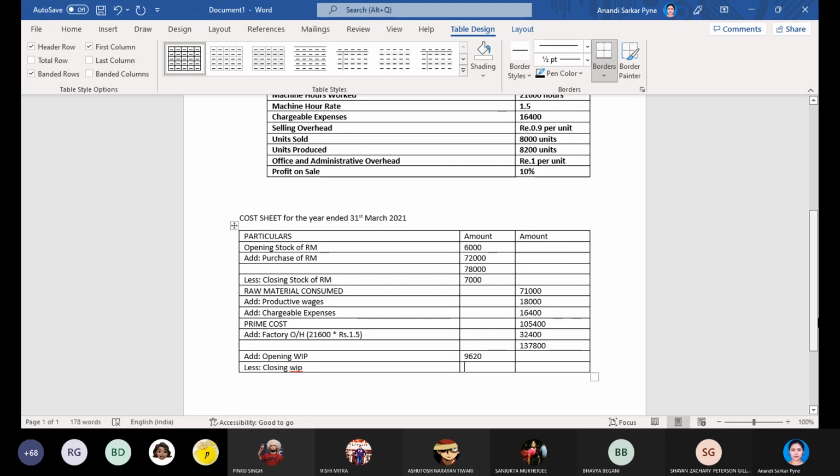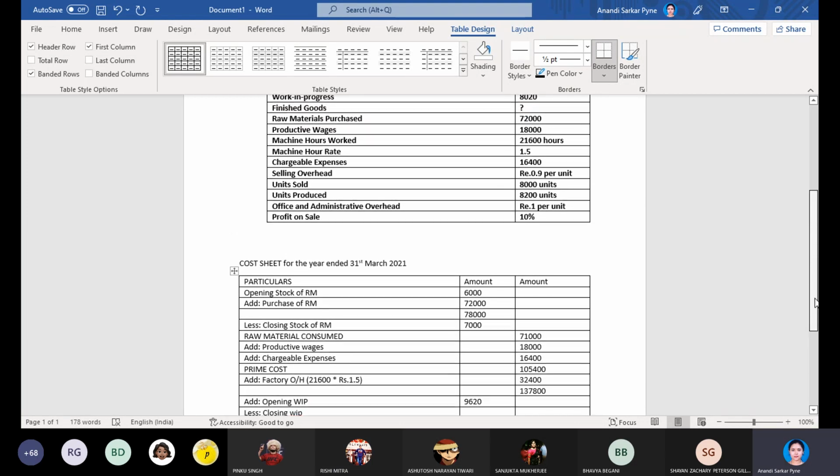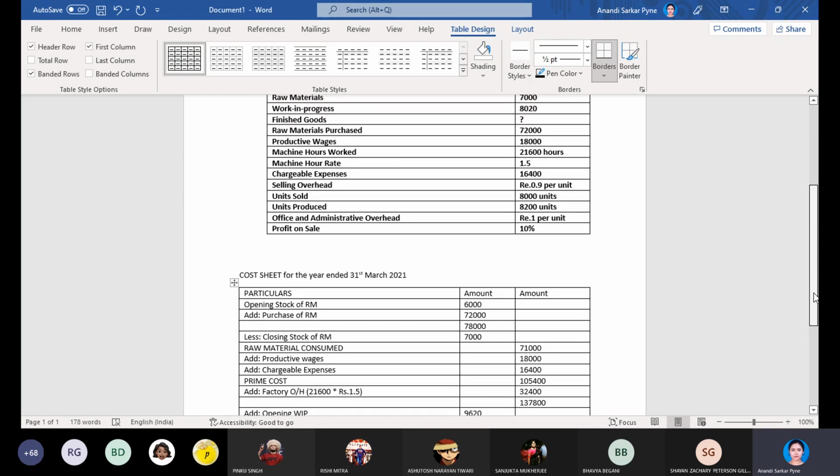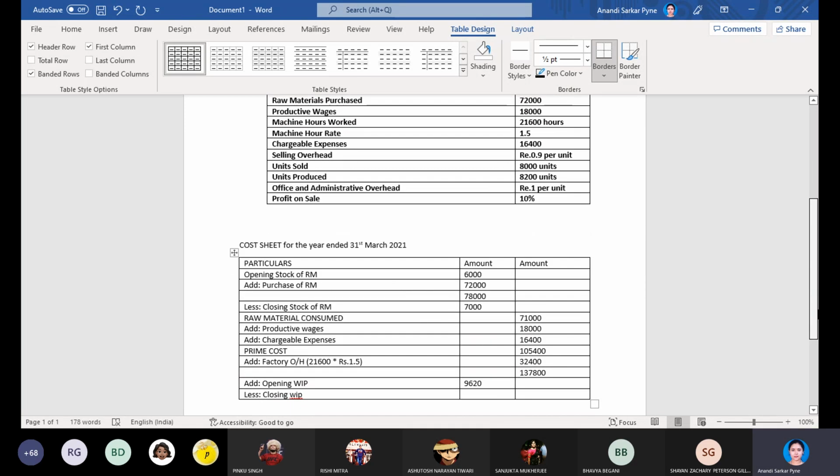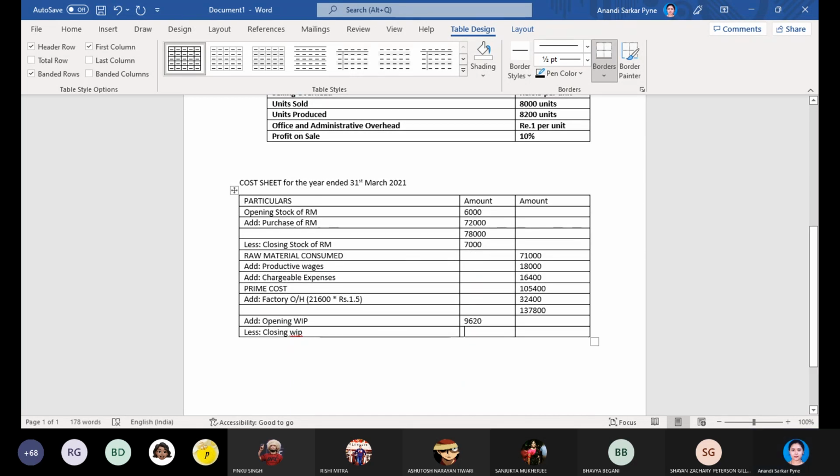Wait. If you have found out, I will be computing. Check the answer with whatever I have computed. Opening is 9620 and this is 8020. So 9620 minus 8020 is 1600. So you're adding 1600 to this.